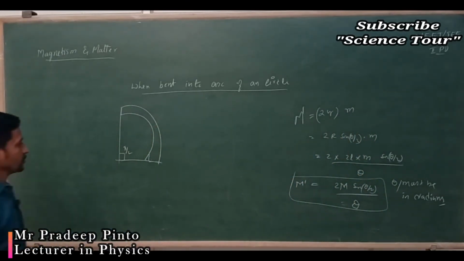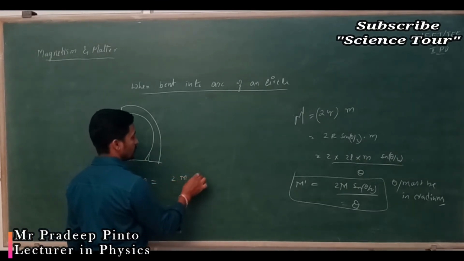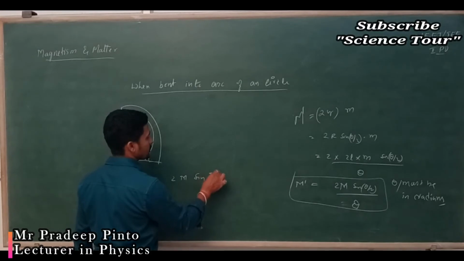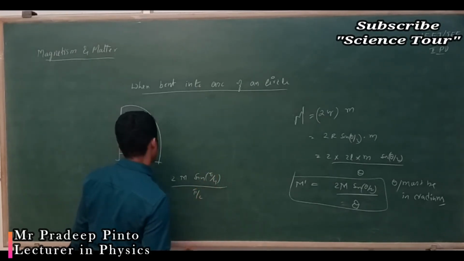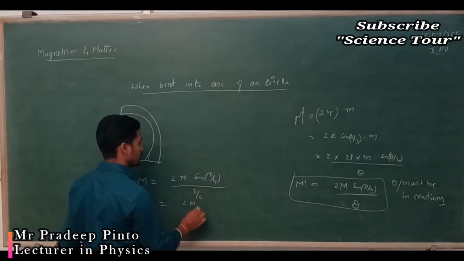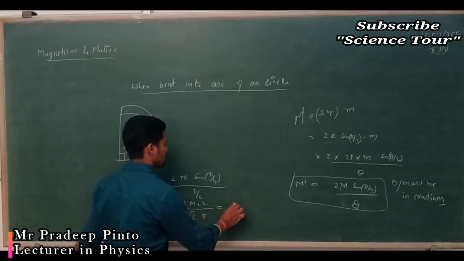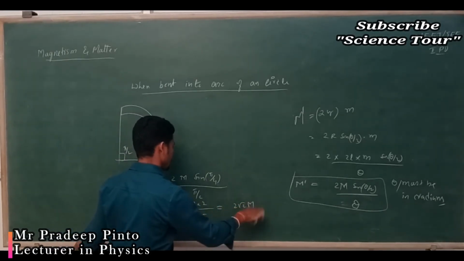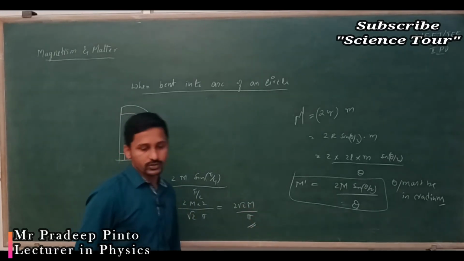Now pi by 2, if you are going to apply, m' is equal to 2m sin(pi by 2), that means pi by 4 you are going to get, divided by pi by 2. 2m into 1 by root 2 into 2 pi, root 2 into root 2, root 2 cancel, so 2 root 2 m divided by pi you can get.